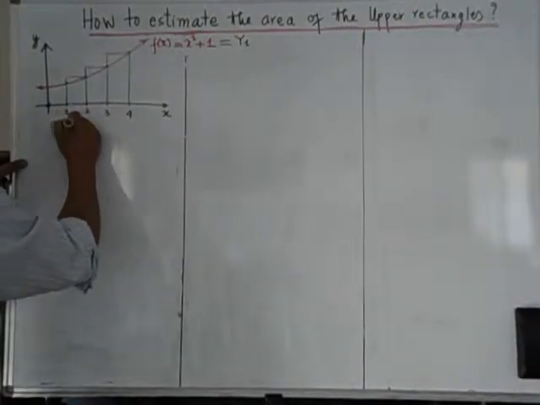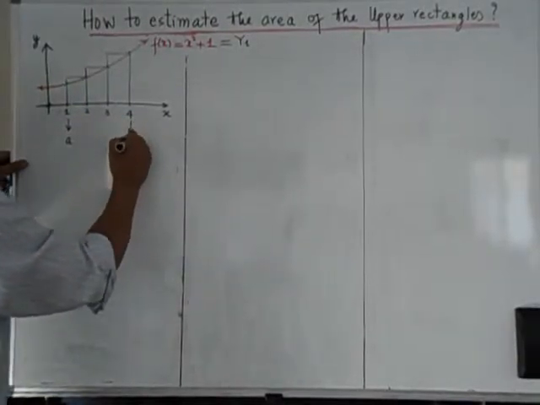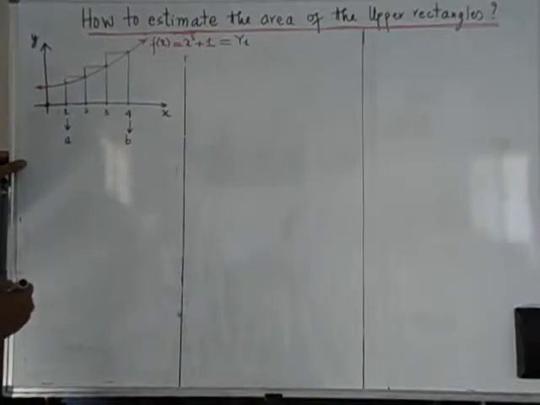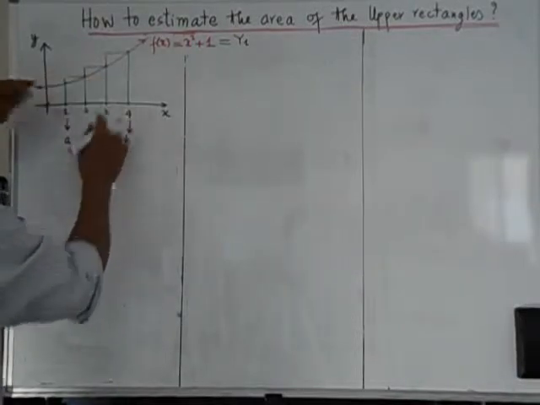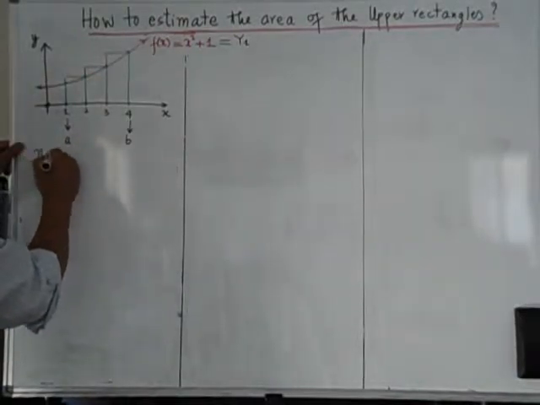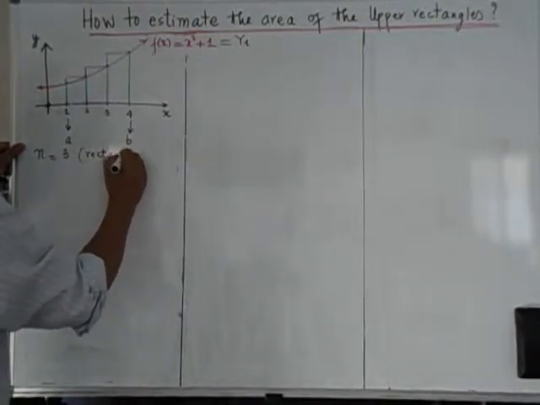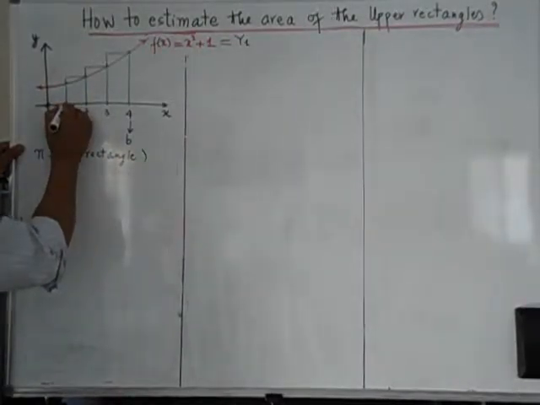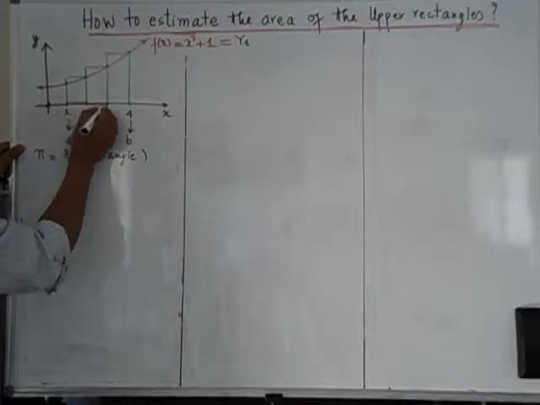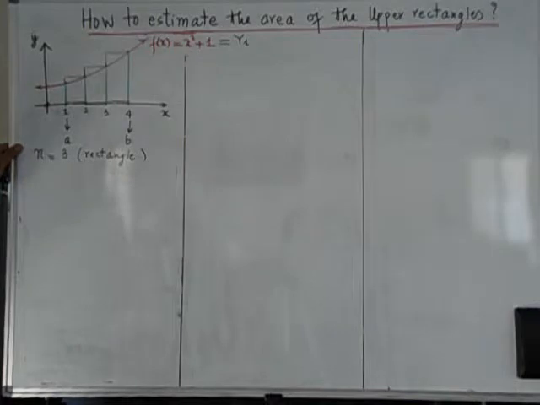Number 1 here we call A, number 4 here we call B. We have 3 rectangles, so N equals 3. From 1 to 2, 2 to 3, 3 to 4, they are the width.